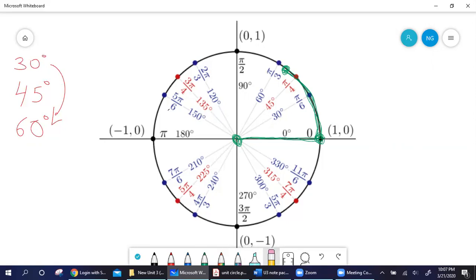So I pluck the radius and I imagine it like being a string that I could wrap around the circle. The angle that makes is 1 radian.